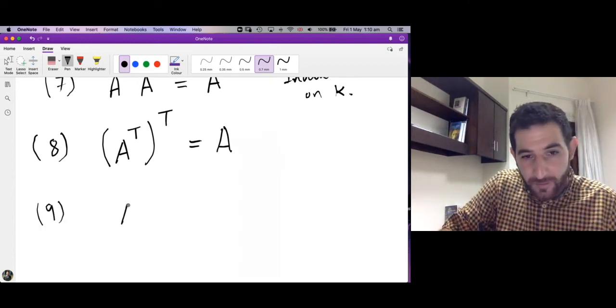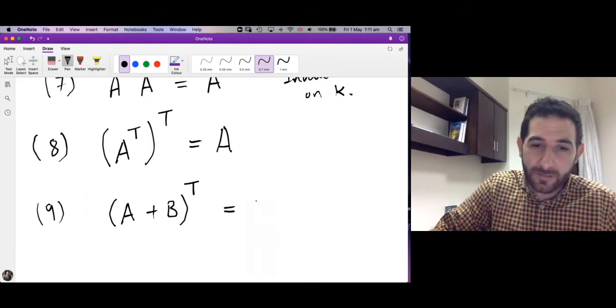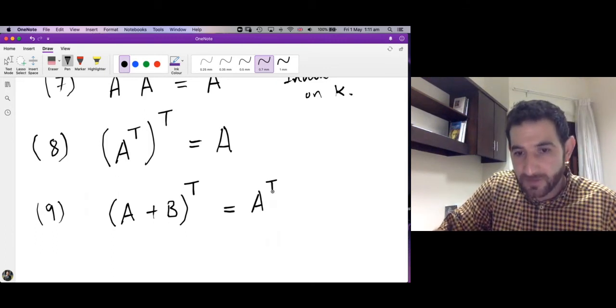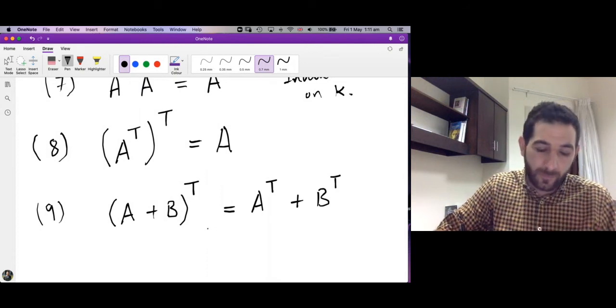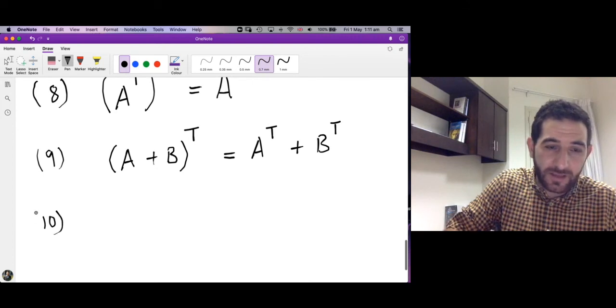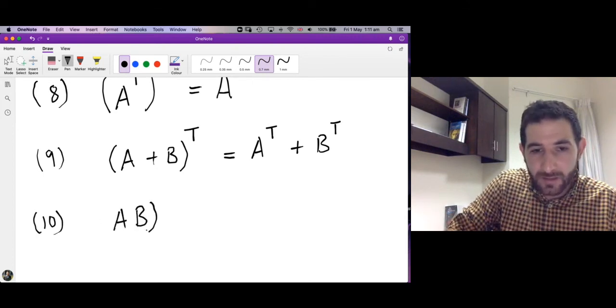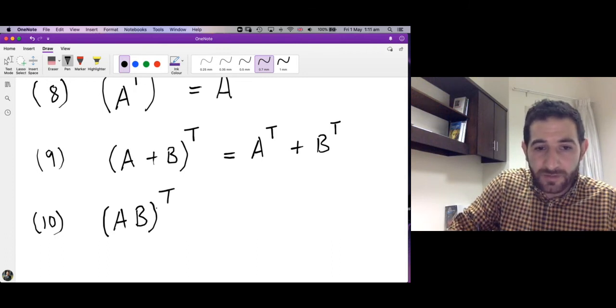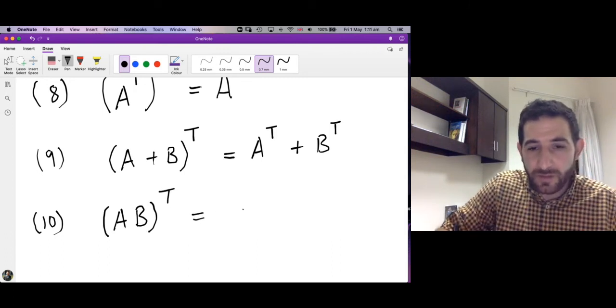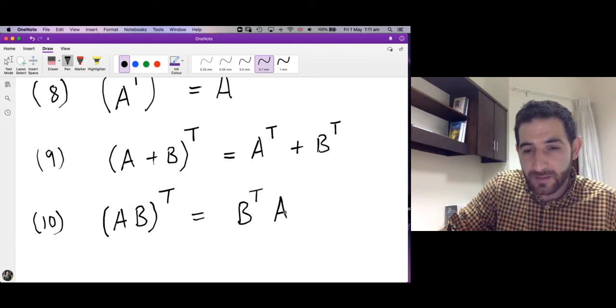Second, if you have A plus B and you take the transpose of them, then you get the same matrix as taking A transpose first and then adding it to B transpose. So transpose distributes over addition. However, it's not the case in multiplication. If you multiply A, B, and then take the transpose of the product, this will be the transpose of B first times the transpose of A.